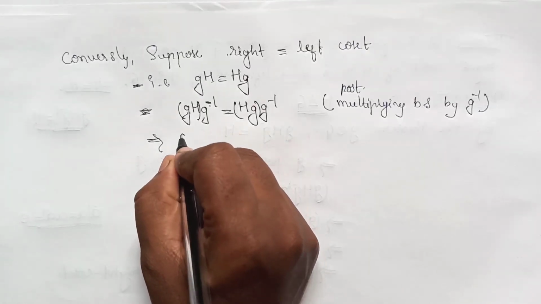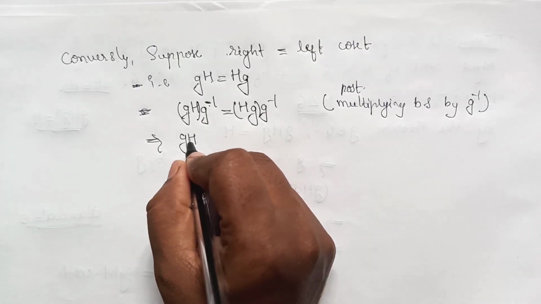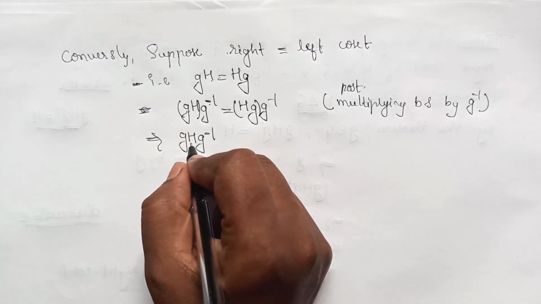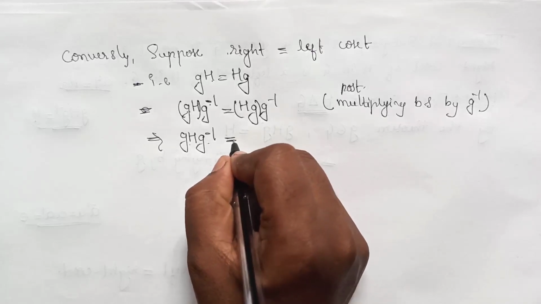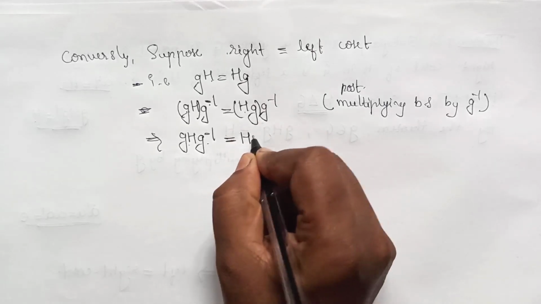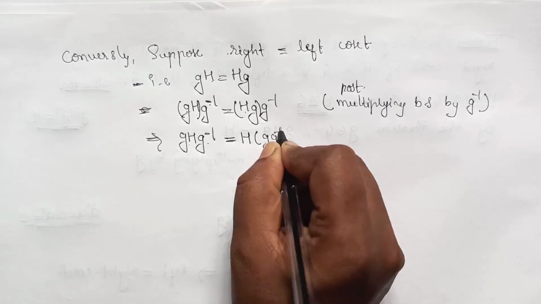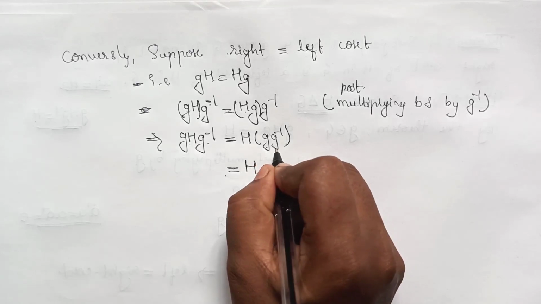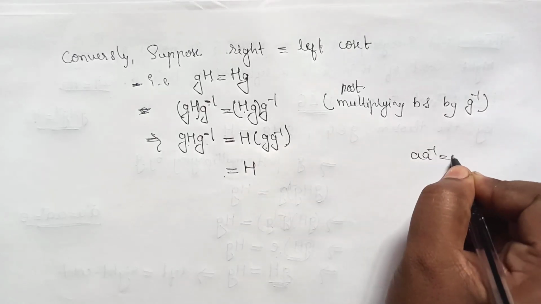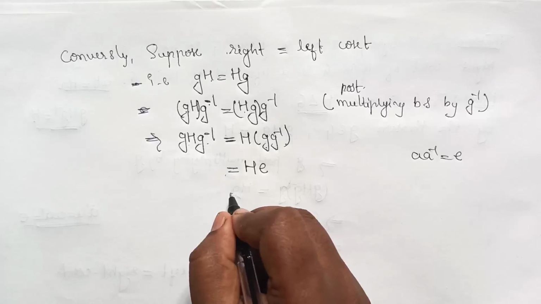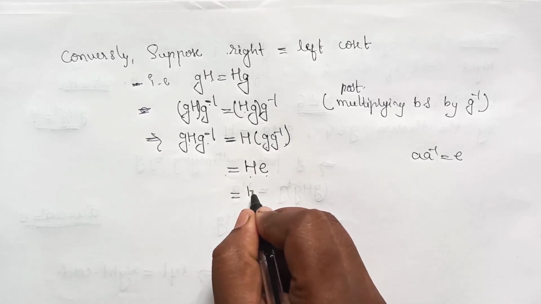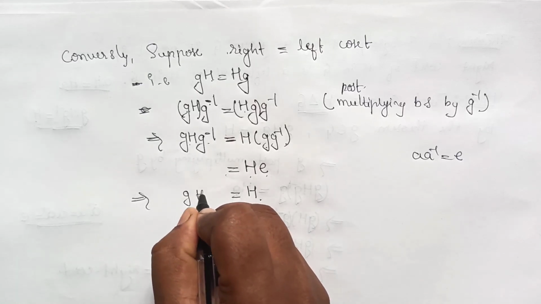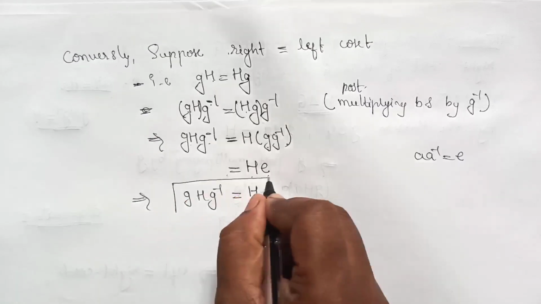This implies that gH as it is, into g inverse. By using associativity we can write it as gHg inverse, or H we can write g g inverse together, or it may be written as H g into g inverse. Again a into a inverse equals e, therefore we can write it as e, or H into e equals, again we get H only. Okay. Therefore gHg inverse equals H.